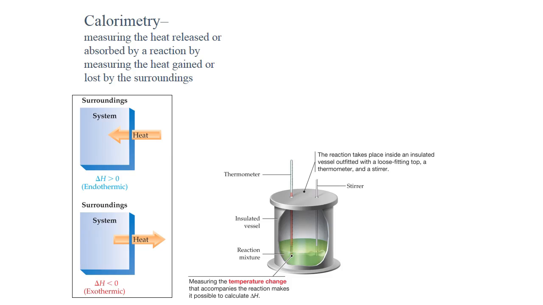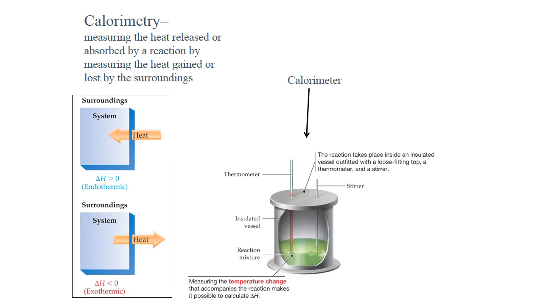You see a picture at the bottom, sort of on the right-hand side, of what we call a calorimeter. In a calorimeter, you have a thermometer that's going to measure the temperature change, and there's going to be a reaction mixture inside. And of course, you need some good stirring mechanism, and you need some sort of insulated vessel so that there isn't a lot of temperature change based on heat gained or lost from the outside air.